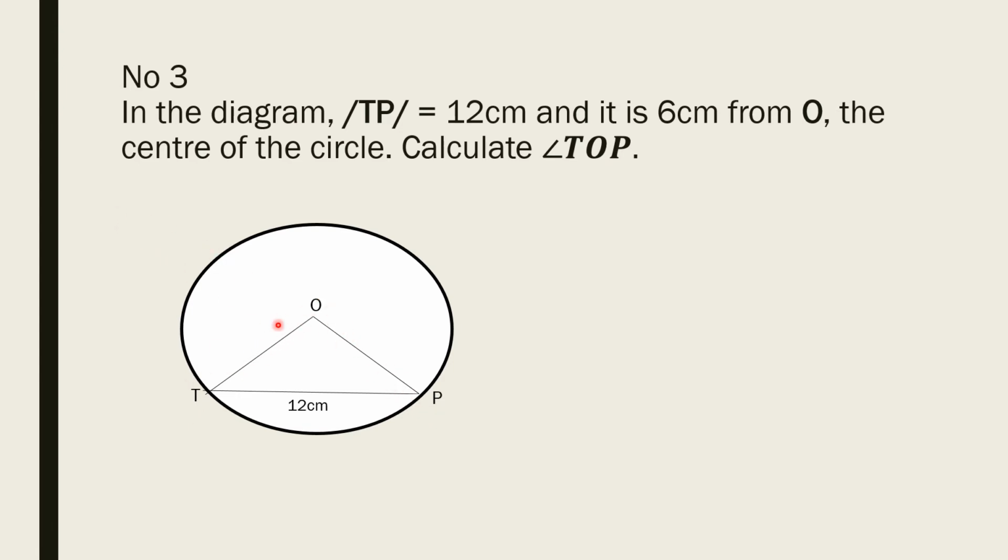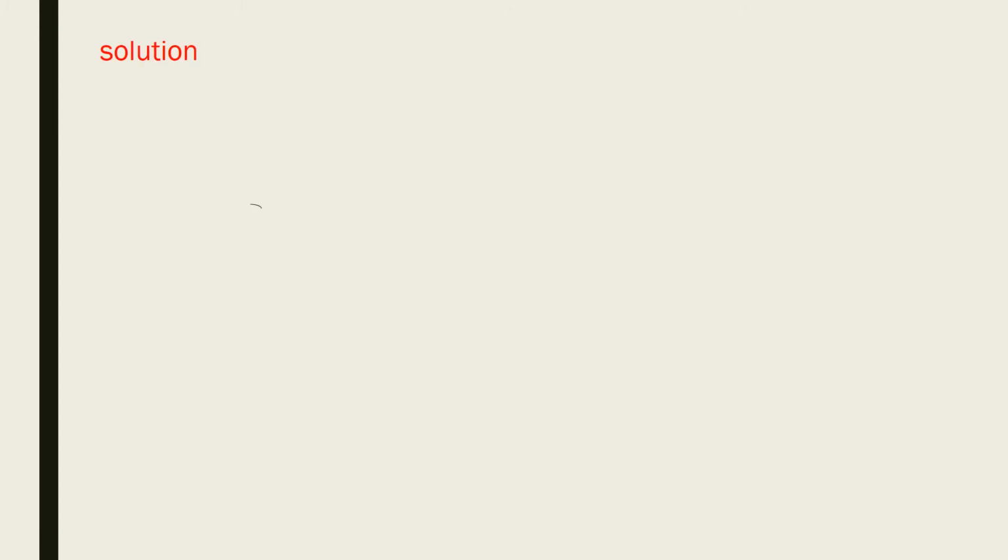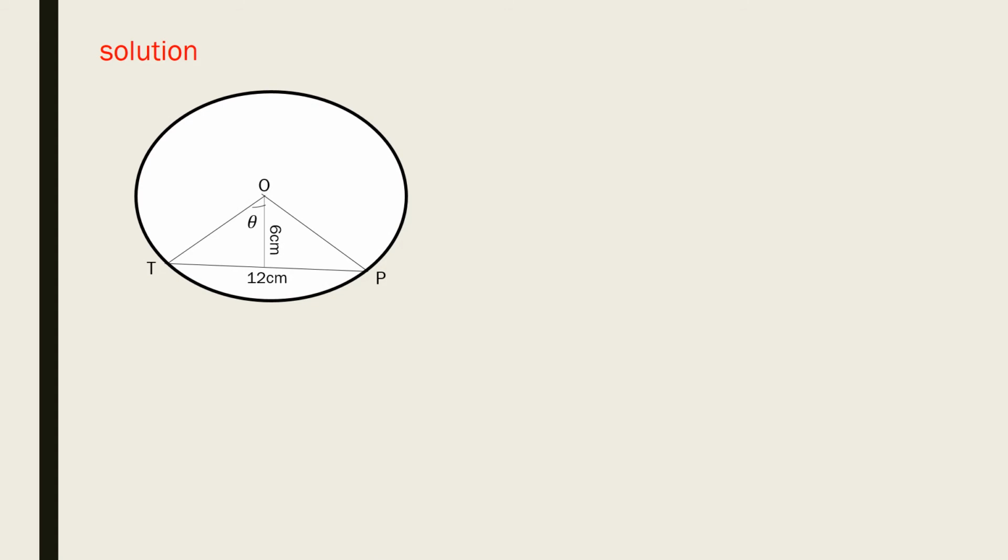So let's find angle TOP. I have my diagram again. This is the circle, this is TP, and this is O. That is from O to TP, the 6 cm.